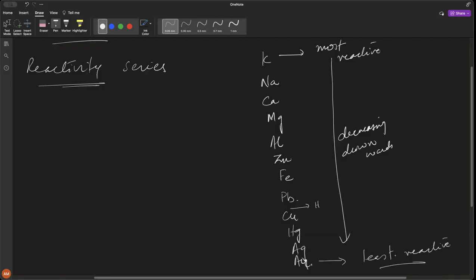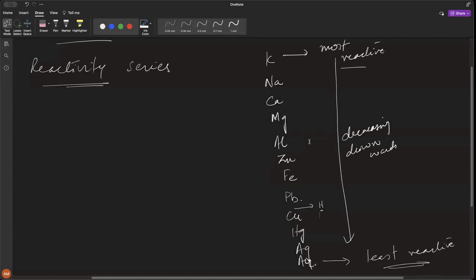There could be more elements in between, at the top, or at the bottom, but these are the general and most used and most studied elements. All of them are metals, except hydrogen. We'll discuss hydrogen later, but we have to keep this reactivity in our mind. It needs to be memorized. You need to know the order of reactivity.